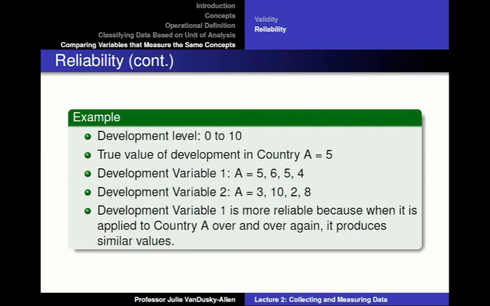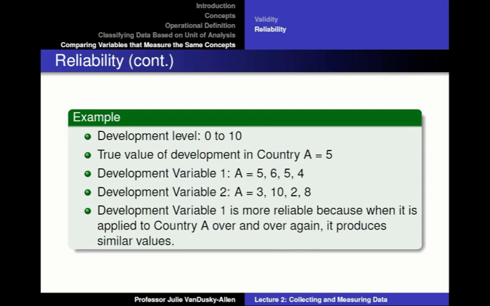Here is a more concrete example of how reliability works in practice. Going back to our development variable, imagine development could be measured on a scale from 0 to 10, and we know the true value of development for country A is 5. Imagine we use the coding criteria from development variables 1 and 2 to code country A 4 different times.